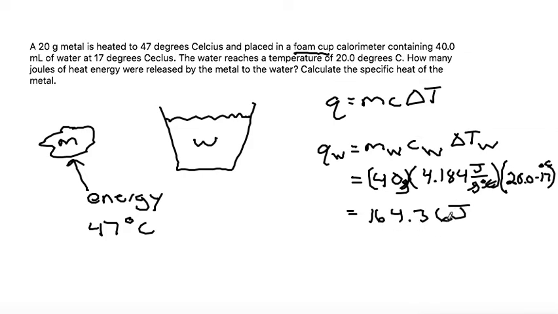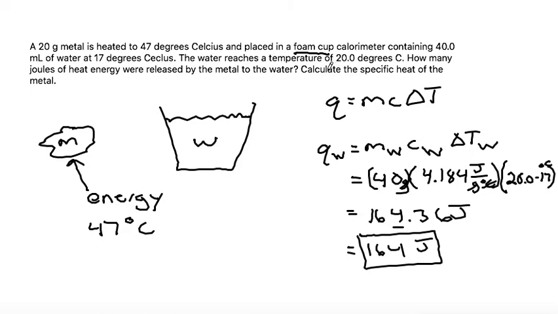This would be the heat energy released by the metal to the water. We have 3 sig figs in this problem so far, so let's round that to 3 sig figs of 164 joules. So that's the answer to the first question.